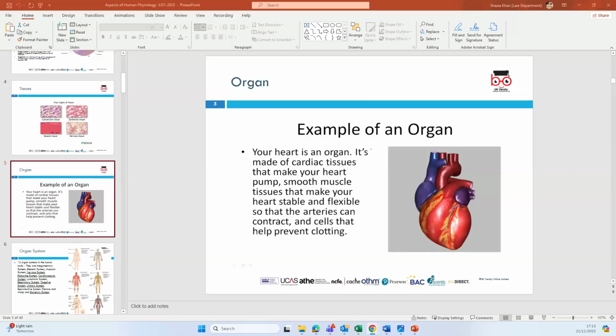So these all work together. And the example on the slide that they've given is the heart, and that's really important. That's one of the really important organs, isn't it? Yes, it is. So the example is quite an interesting example of the heart and how it works with different organs.